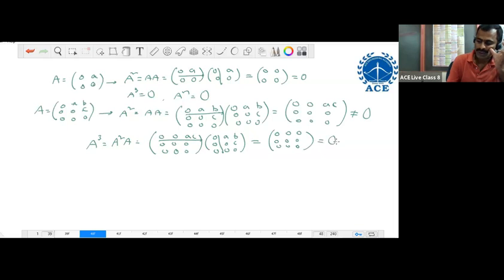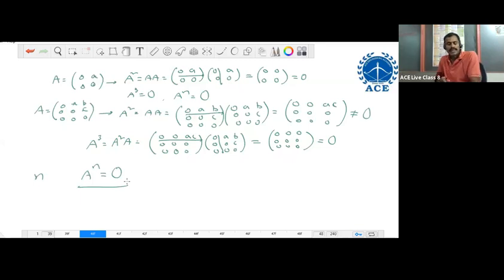It is the 0 matrix. Now observe the two order matrices. For the second order matrix, the A power 2 matrix is the 0 matrix. For the third order matrix, A power 2 is not the 0 matrix, but A power 3 is the 0 matrix. So in general, we can say that for an nth order matrix, A power n equal to 0.